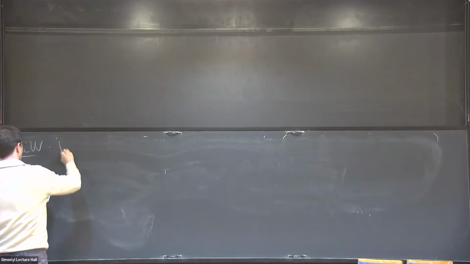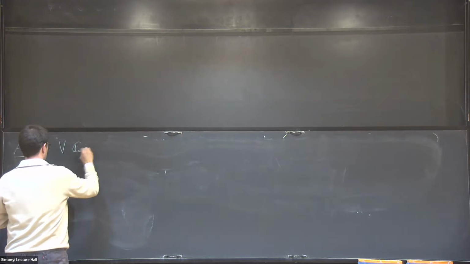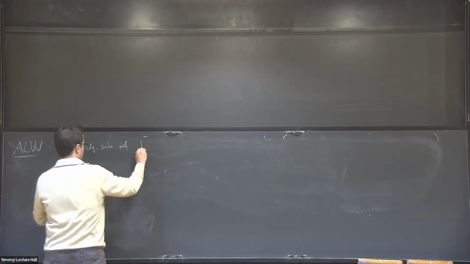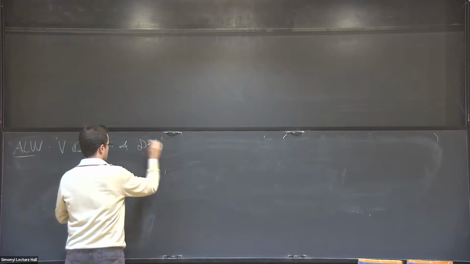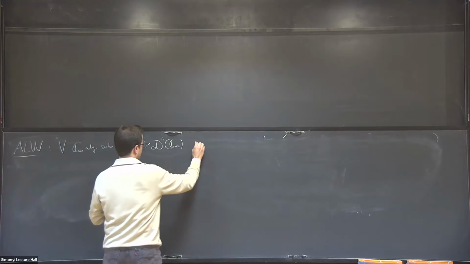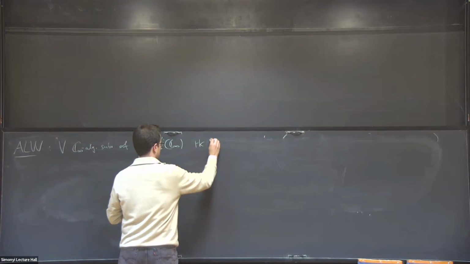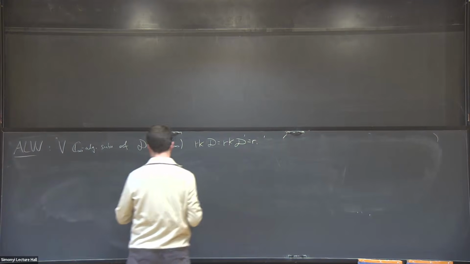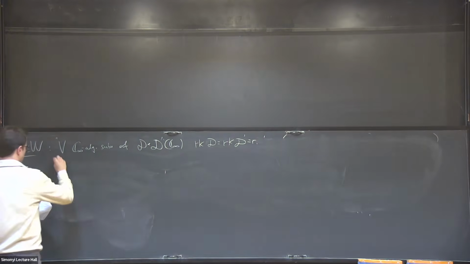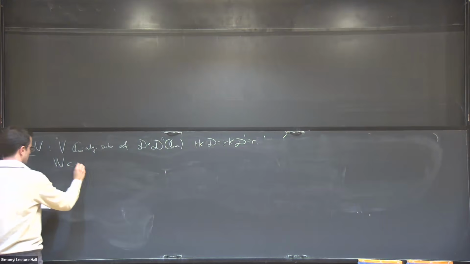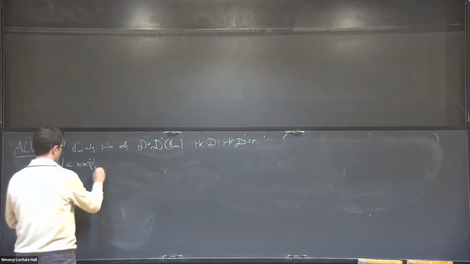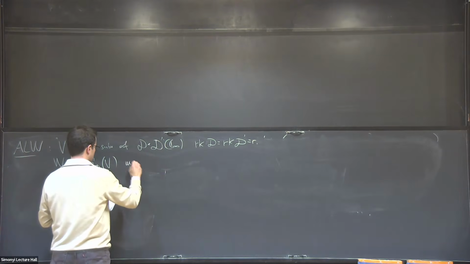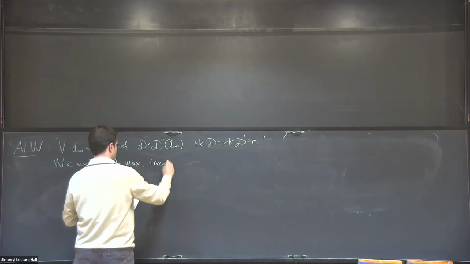So let V be an algebraic subvariety of the product of two Drinfeld modules of the same rank. And we will take W to be the pre-image of V under the Drinfeld exponential, maximal and irreducible.